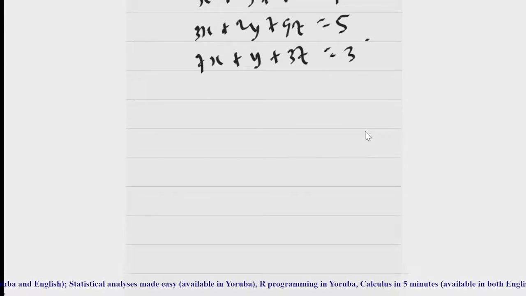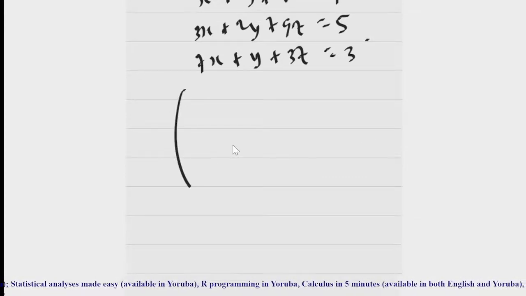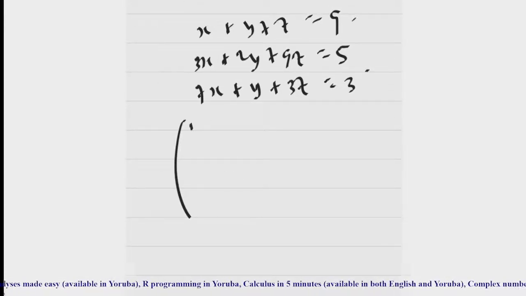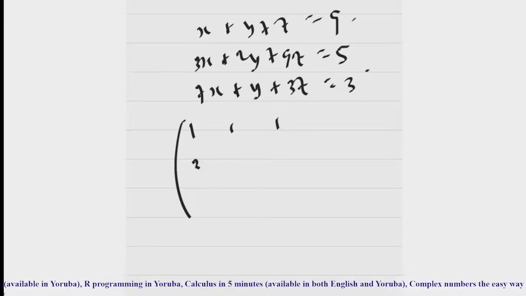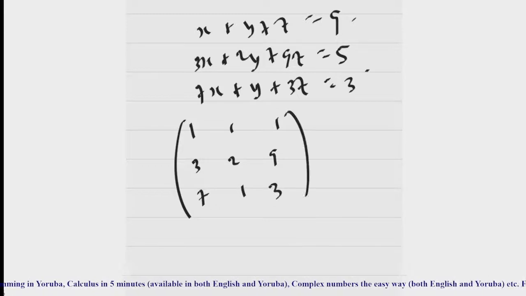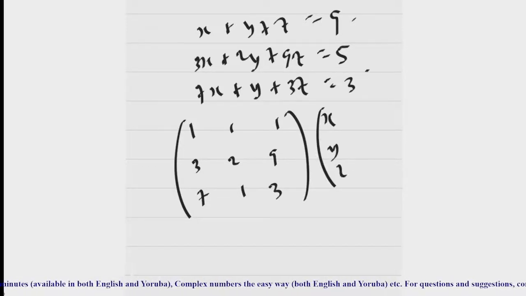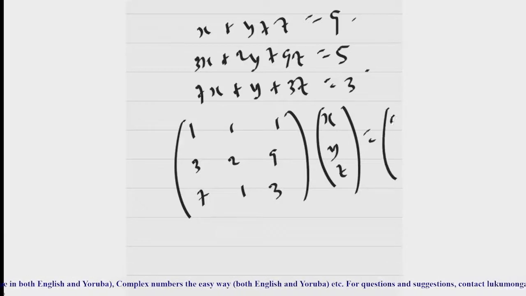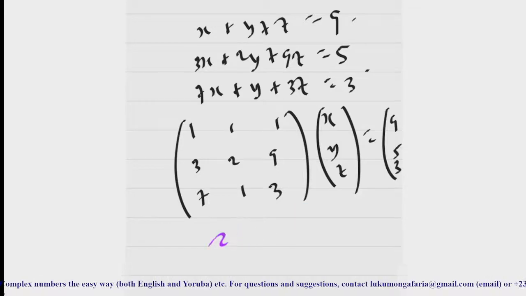You don't need to stress yourself. Just put it in an augmented matrix. This is going to be 1, 1, 1, 3, 2, 9, 7, 1, 3, right? So multiply by x, y, z, then is equal to what? 9, 5, 3.